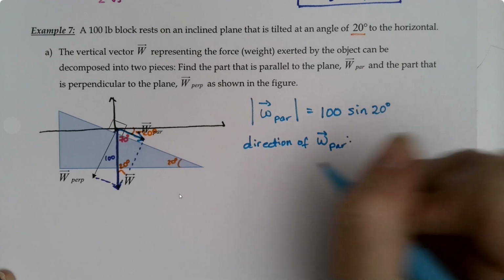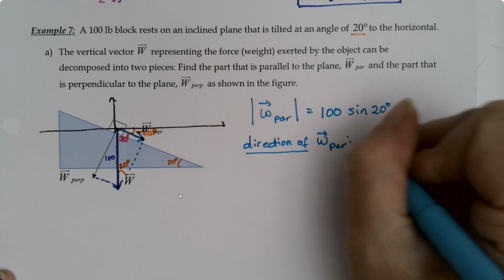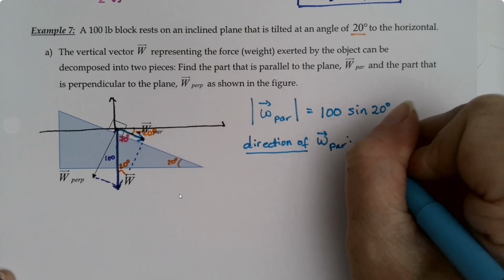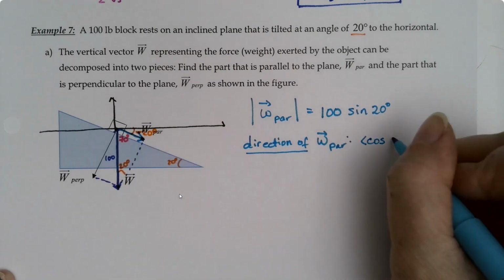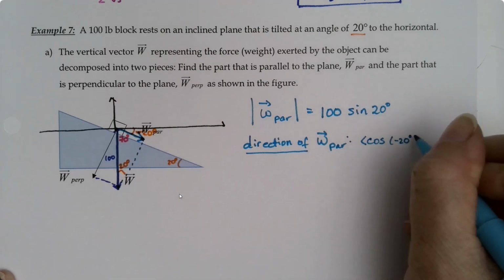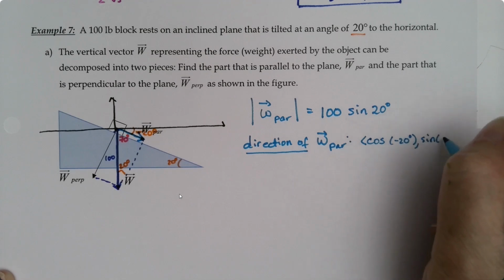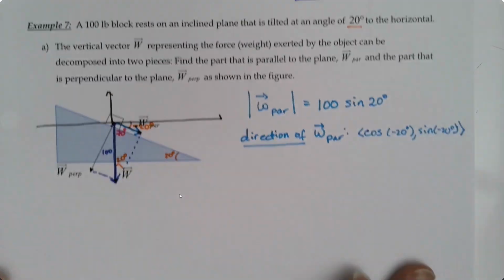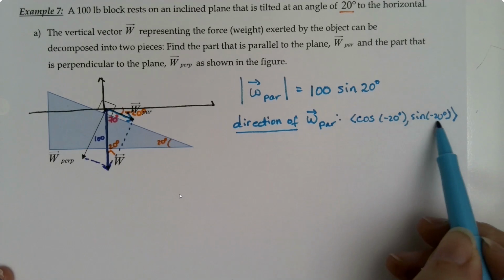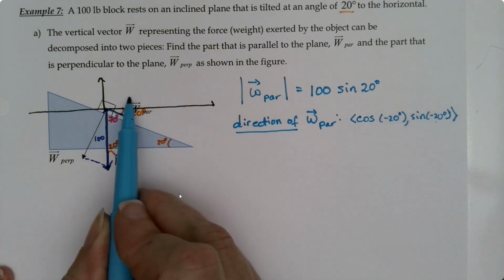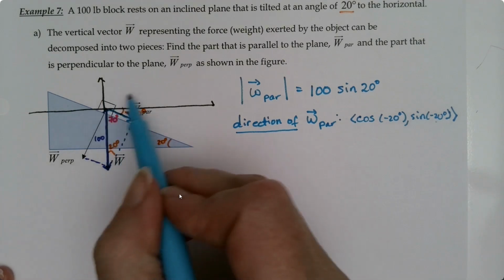well, in order to find direction, I'm not finding the direction right away. I'm kind of using the vector. So I know that it's going to be cosine of negative 20, sine of negative 20. Well, except the sine of negative 20 is the same thing as the negative sine of 20, right? 20 degrees is right up here in quadrant 1.